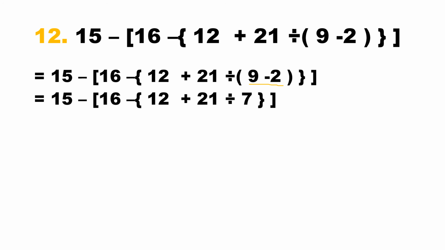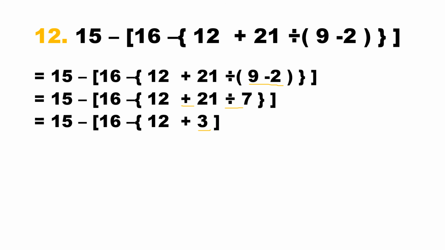Now I have a choice whether to add or to divide. BODMAS rule will come and help. BODMAS rule says first divide and then add. So divide first. So 21 divided by 7, we know 7 threes are 21, isn't it? So this is 3. So I'll replace this by 3. All other things I have to keep on copying, isn't it?